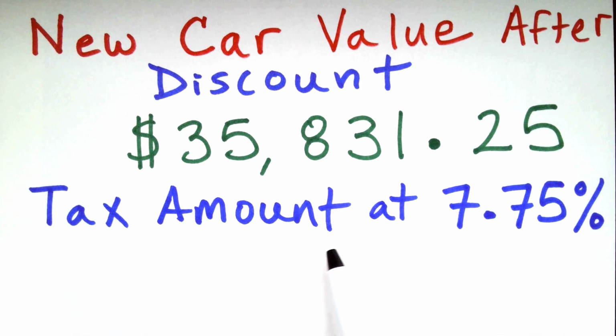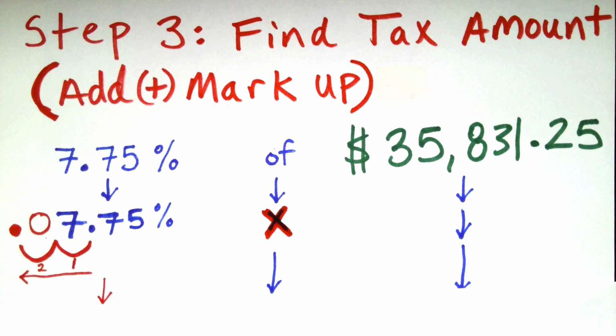We have the tax percentage, 7.75%. What are you going to do with this percentage, and how are you going to find the tax of this amount?